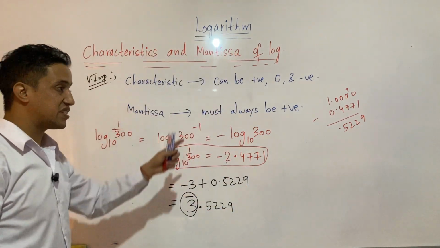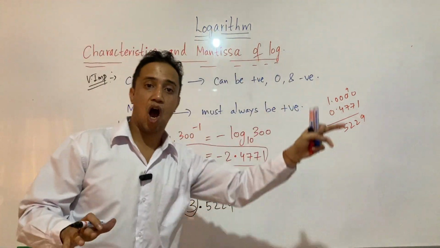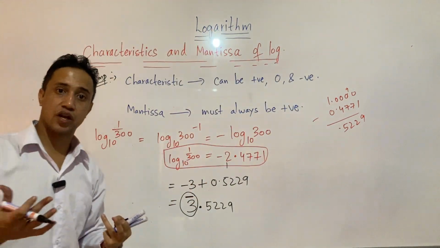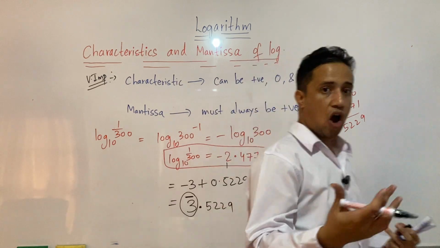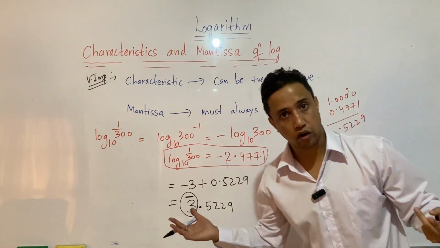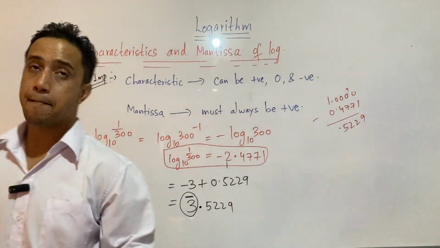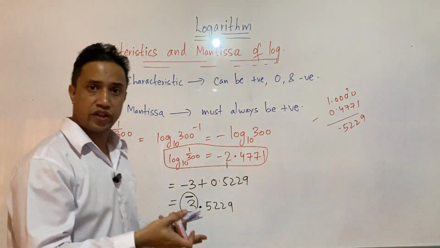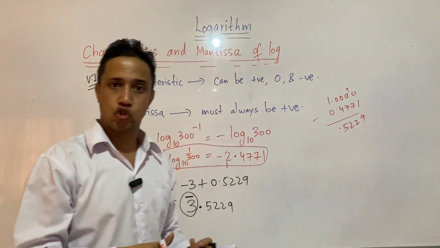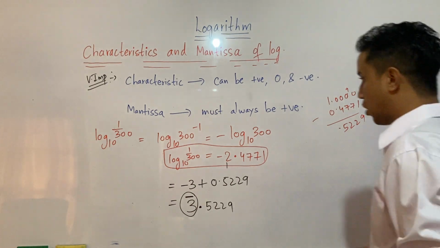This concept of characteristic and mantissa is valid for all logs. So you can even find the characteristic and mantissa of logs with base e, base 2, or base 5. So that's all about it.